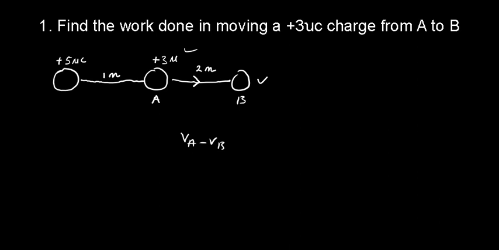But as we are moving it from A to B, it's VB minus VA, the final potential minus the initial potential. Is that understood? So we are looking at the potential from A to B. It's going to be VB minus VA, which is equal to the external work done, W external, divided by the charge.